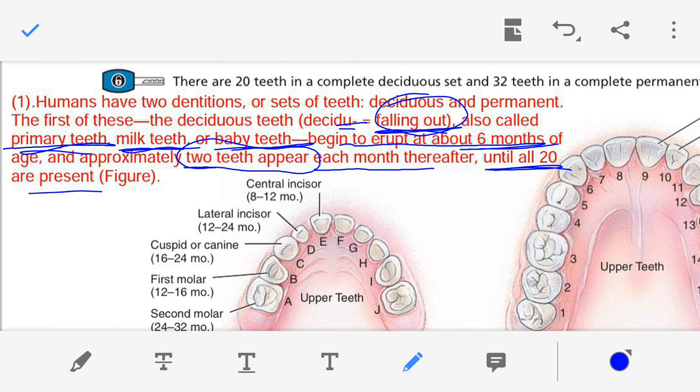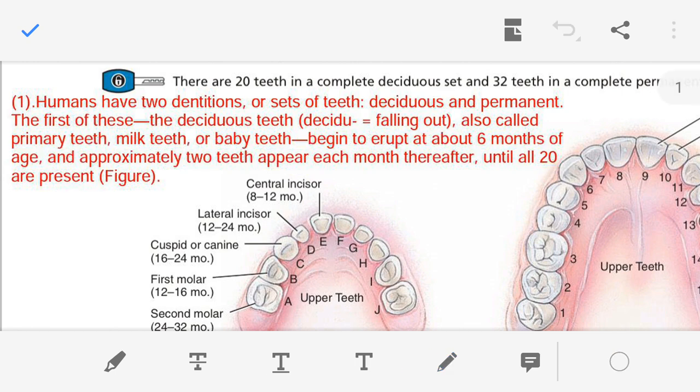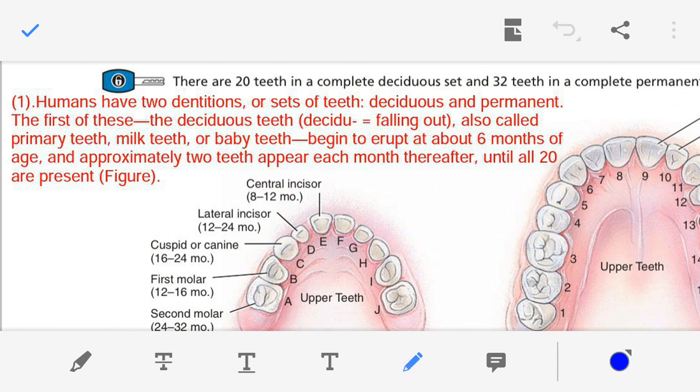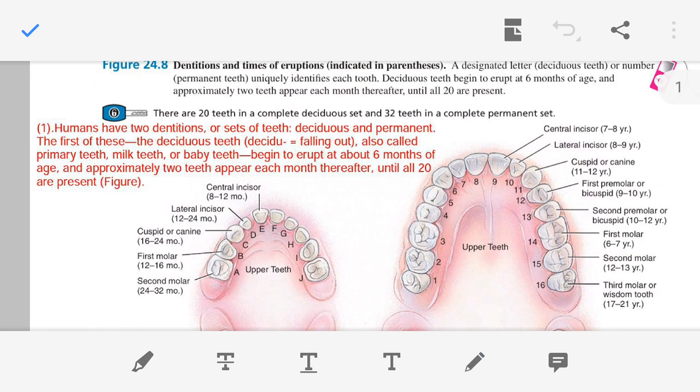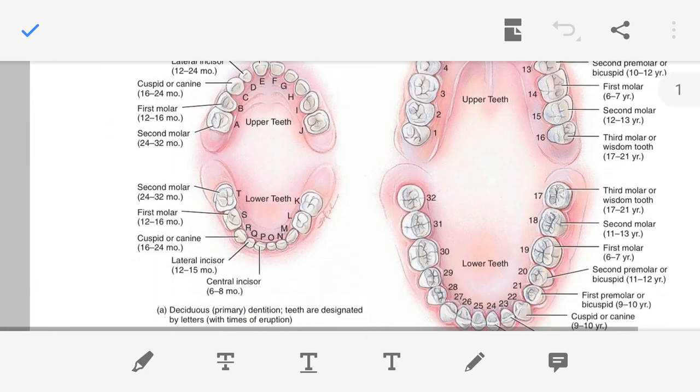So with this we have completed our discussion on the first point. Now we are moving on to the second point.